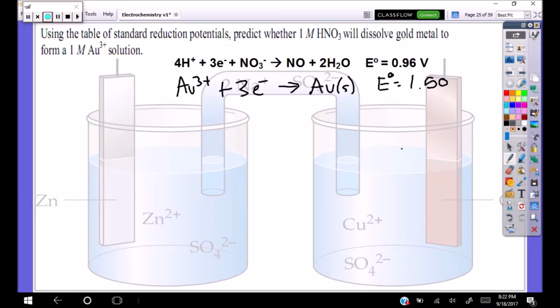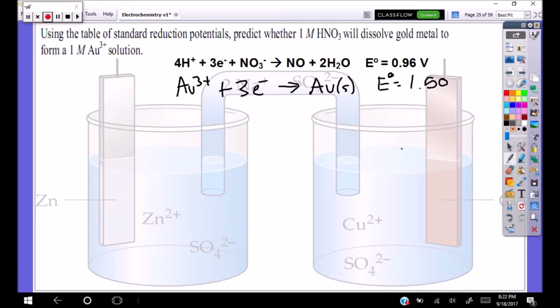Okay, so we want to know if this will dissolve gold metal. So first things first, we need to look at what we have as our reactants. In our first half reaction, the nitrate ion is on the correct side. We want that as a reactant.